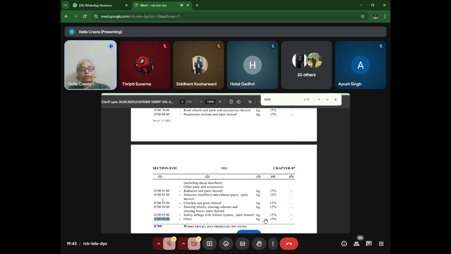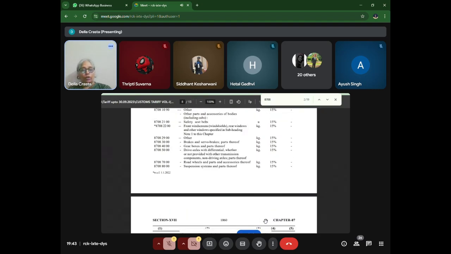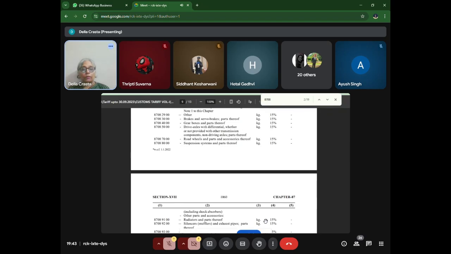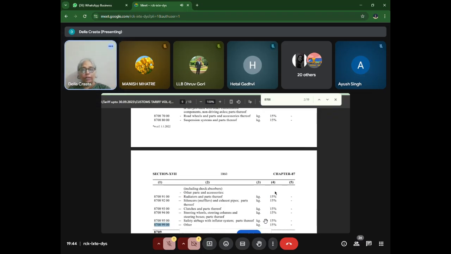Okay, now nowhere is it telling you carpet, right? Did we see anywhere in this parts heading mention of carpet? No, ma'am. So we are going by a residual heading, others, other than whatever was mentioned above. So we are assuming that even the carpets will come over here.